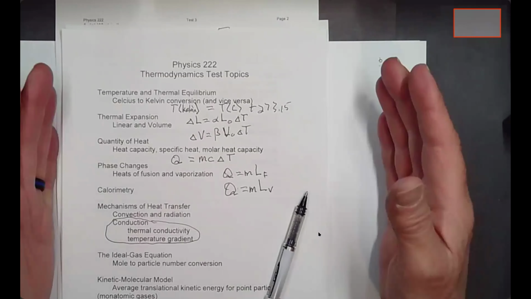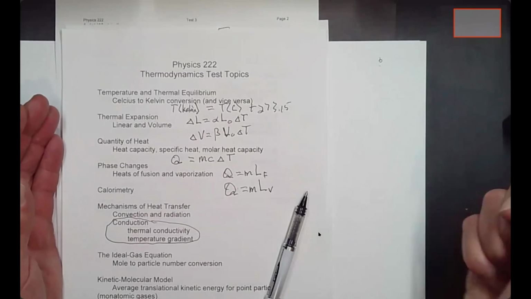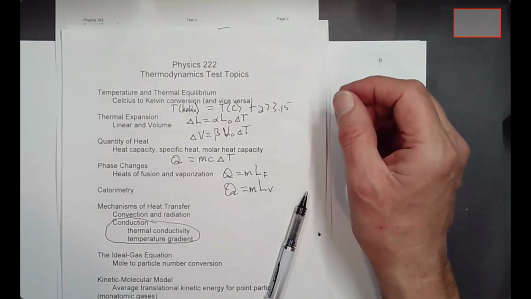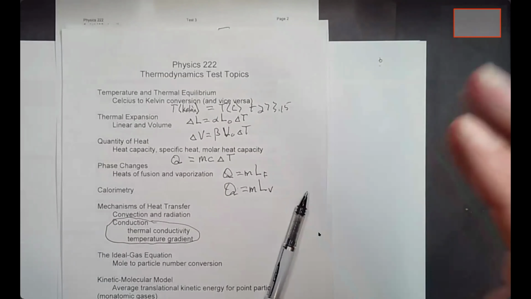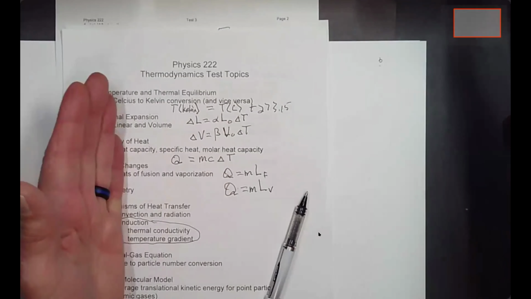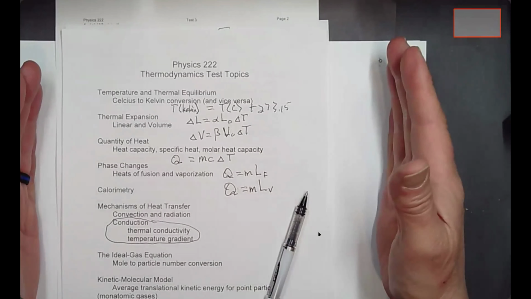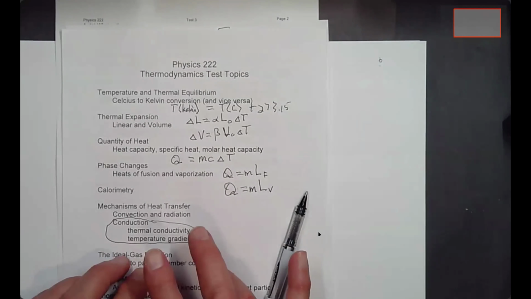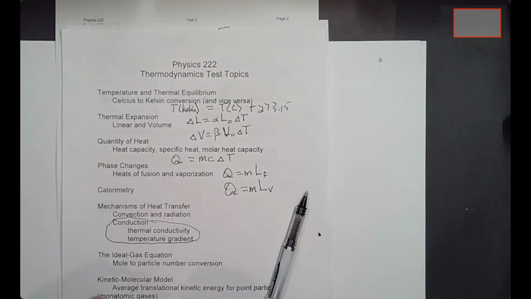If you have a spoon, a long metal spoon, and you stick it in a pot of boiling water, imagine the handle sticking out of the water. The end of the spoon that's in the boiling water will get heated because molecules of the boiling water will smack into it, and get the molecules in the metal spoon bouncing together and vibrating as a result.